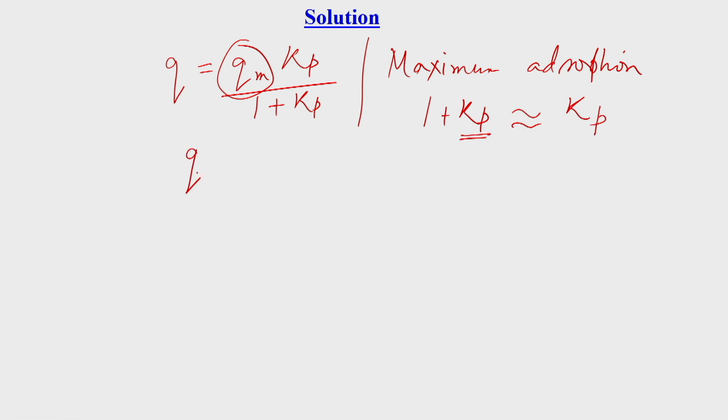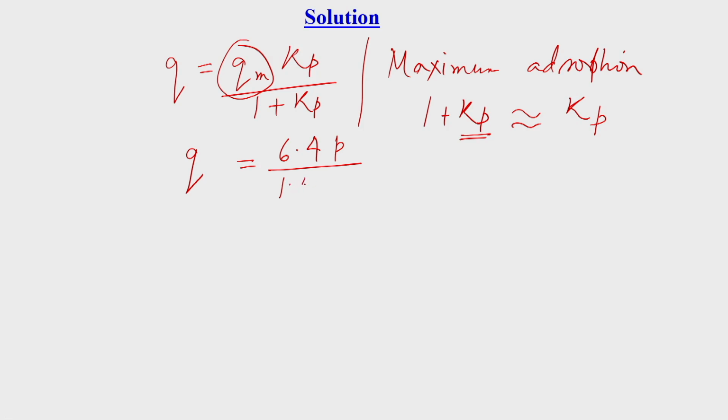So, in that case Q will be Qm, whatever value we got. For this case, Q will be equal to 6.4 p divided by 1 plus 1.53 p.